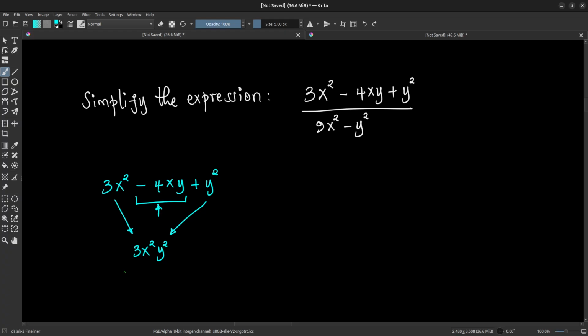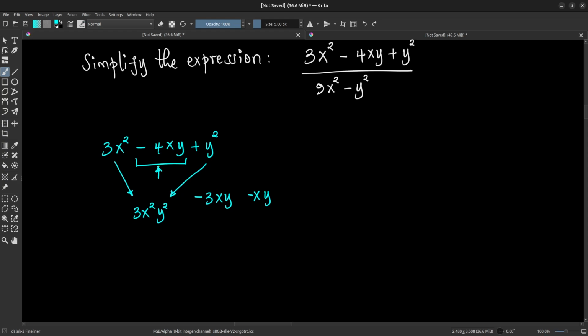In our case, the two factors are −3xy and −xy, with the negative on both of them, so that when you multiply −3xy by −xy, we get 3x²y², and when we add these two terms, we get the middle one, which was −4xy.